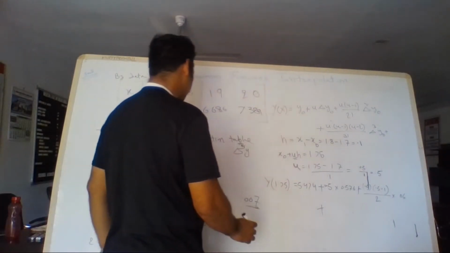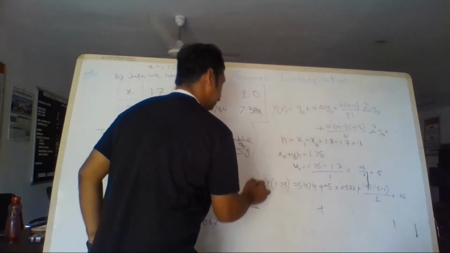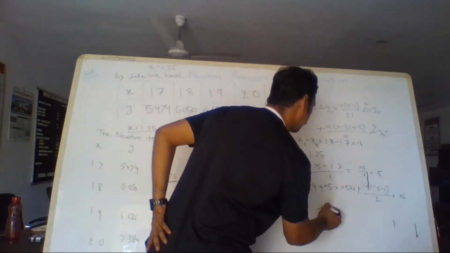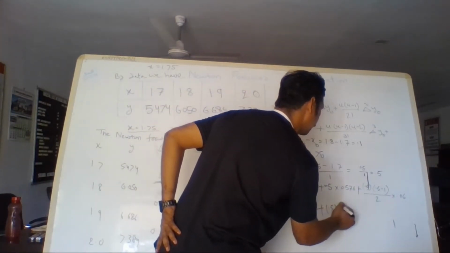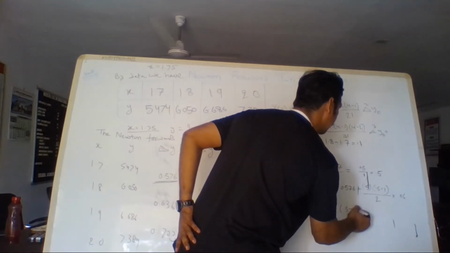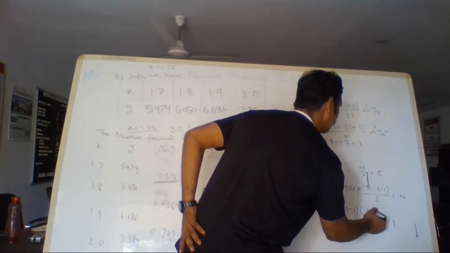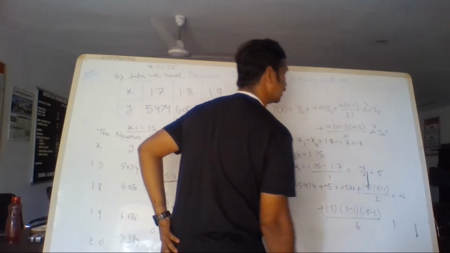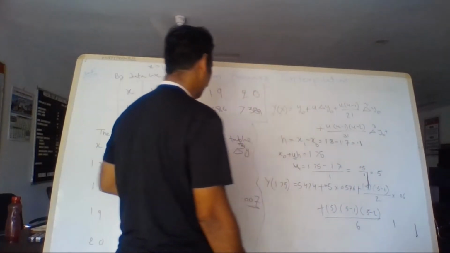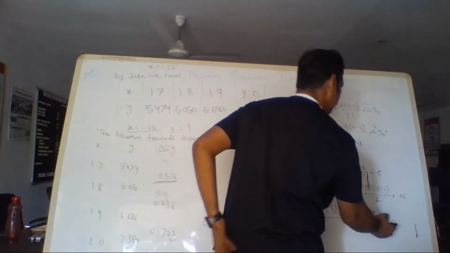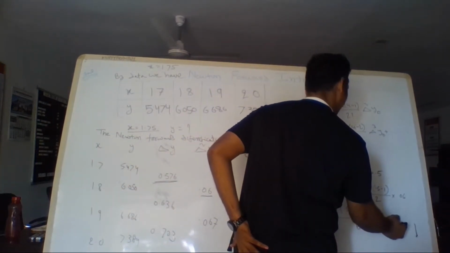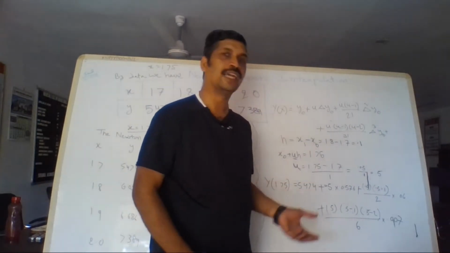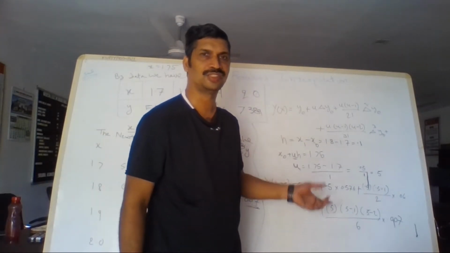The value of u is 0.5. 0.5 into 0.5 minus 1 into 0.5 minus 2 by 3 factorial, 3 twos are 6, into delta cube y naught. Delta cube y naught is 0.007.